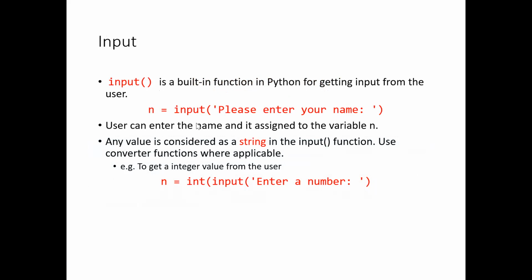Usually whatever the user enters is taken as a string, so you need to remember that. Then you need to use a converter function sometimes, like int here, to convert the string value to an int value, right?